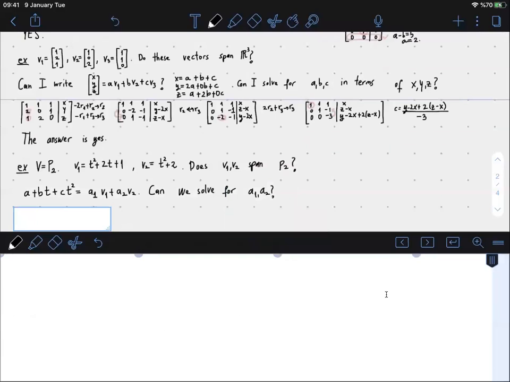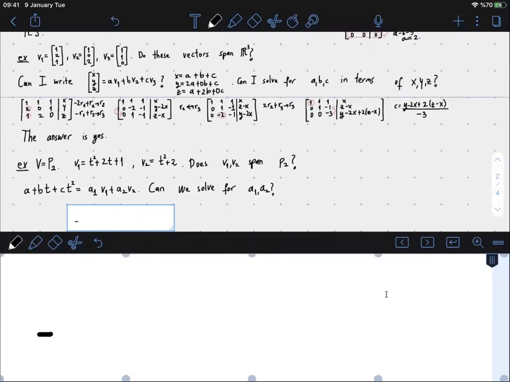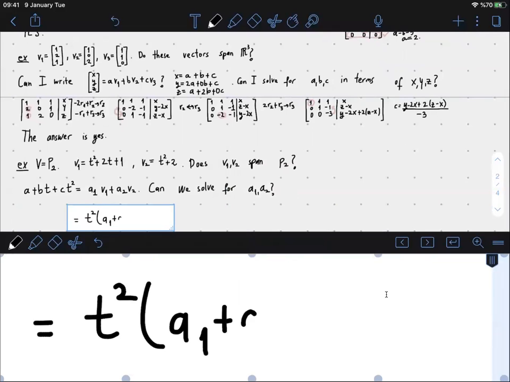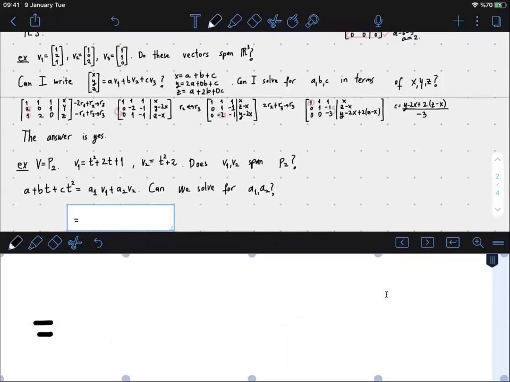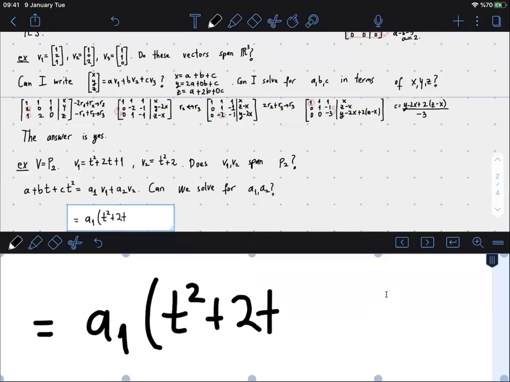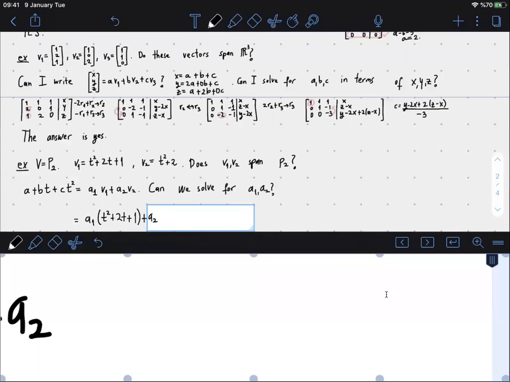Why? Because if you look at it, what do we get? So the right hand side is, let's write it in full detail: a1 times v1, which is t squared plus 2t plus 1, plus a2 times t squared plus 2.